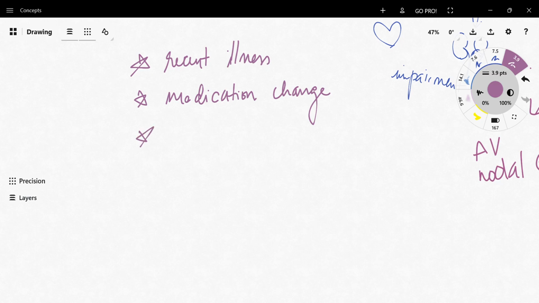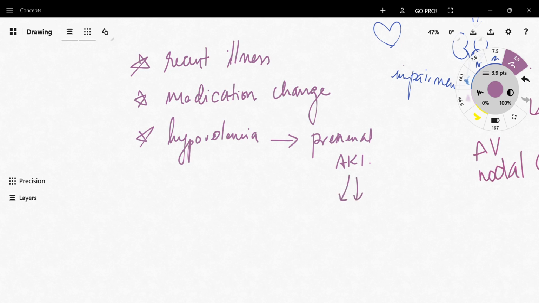Another trigger would be hypovolemia, or decreased oral intake, because that can cause prerenal AKI, and that would cause retention of the medication, hyperkalemia, and that itself can start this process.